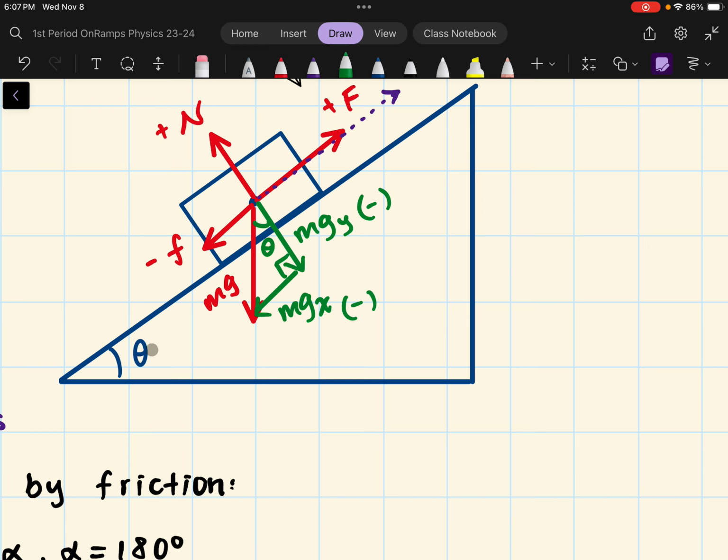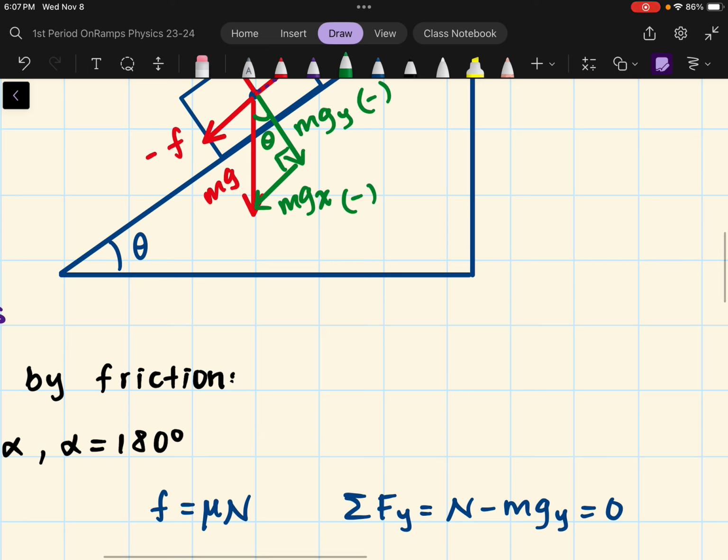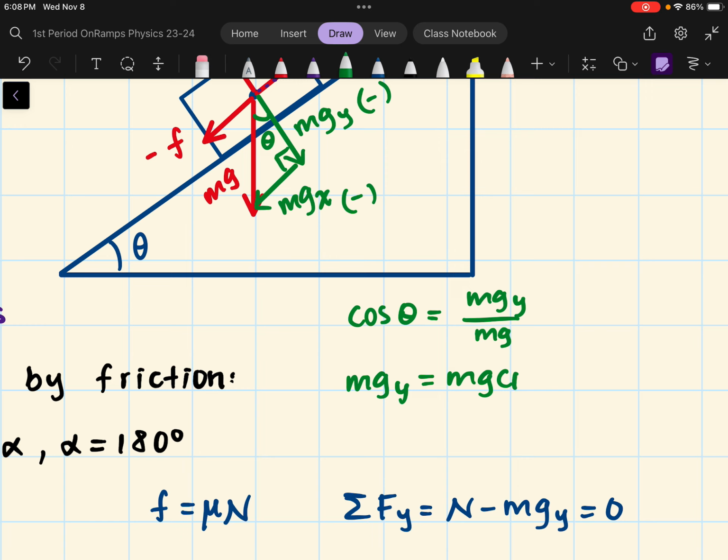So this is the same angle as this. Based on this angle, I want to know information about the adjacent side. I know the mass of the block, so I can use the hypotenuse and adjacent, meaning I can use the cosine. So cosine of theta is equal to the adjacent mgy divided by mg. I solve for mgy. That's equal to mg cosine of theta.